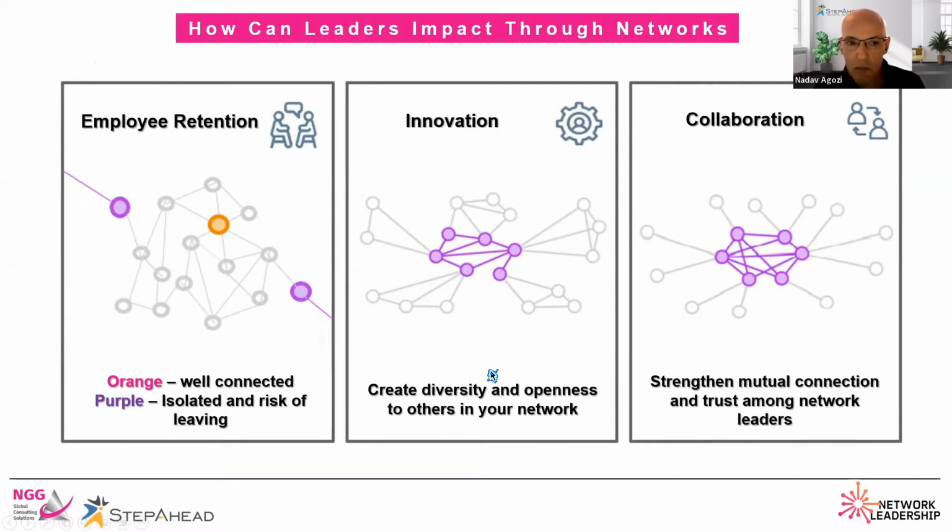So if I'm looking at the network and I see, you remember those isolated persons that we had on the previous slide? If I see someone who is purple here and is really not connected, and by the way, if I see it changing over time, it means that there is a risk of leaving here. Someone might be losing connection, and we talk today a lot about connectivity.